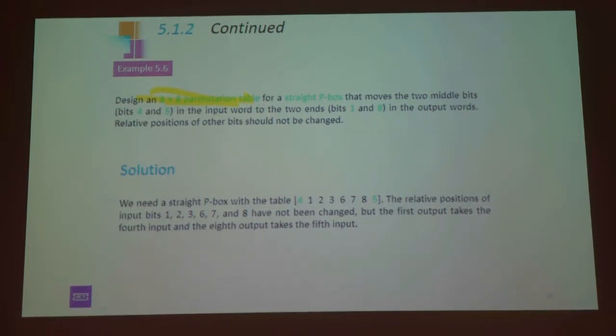So that means bits 1, 2, 3, 6, 7, and 8 will stay as they are, but input number 4 is going to go to output 1. And bit number 5 will go to output 8.